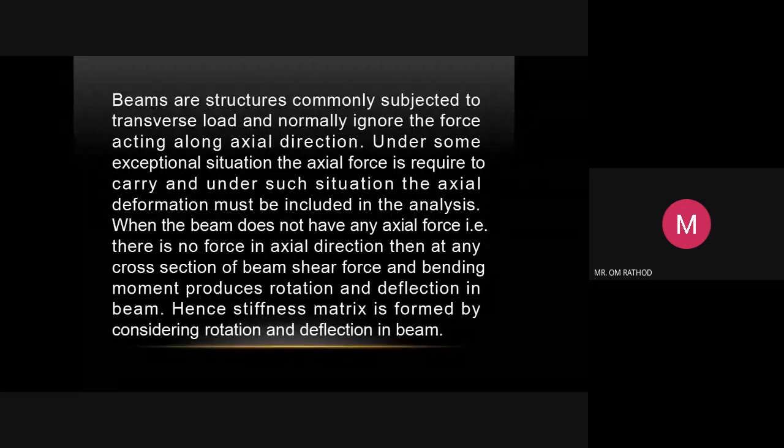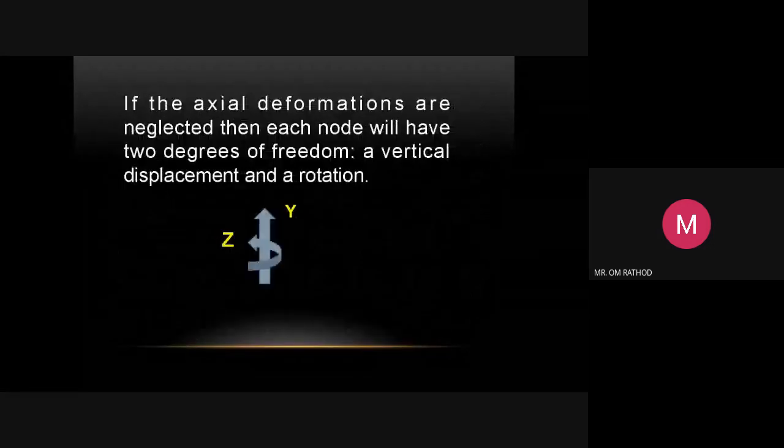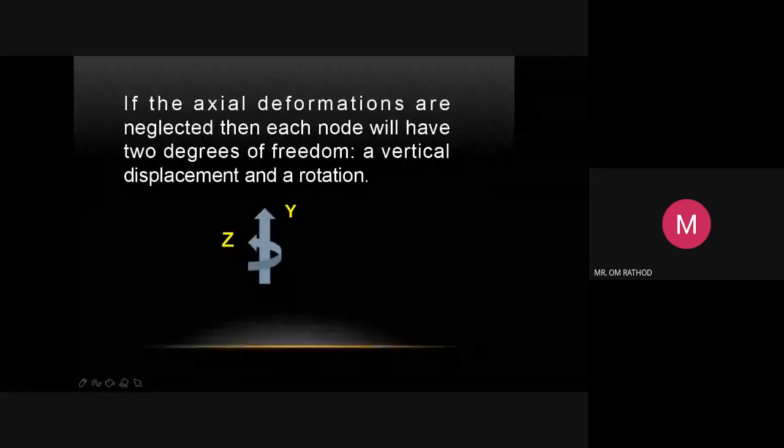So with the use of this, we will derive the stiffness matrix in case of beam. If the axial deformations are neglected, then each node will have 2 degrees of freedom: the vertical displacement in y direction and rotational displacement along the z direction.